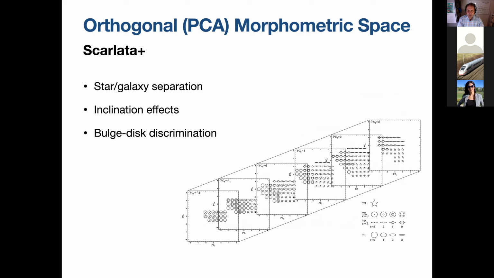And the brilliant part is that it does a good job of star-galaxy separation. Just getting rid of stars is already a big benefit of this. You can find inclination effects, and you can find bigger bulges and smaller bulges.